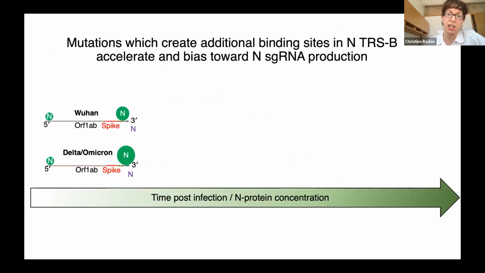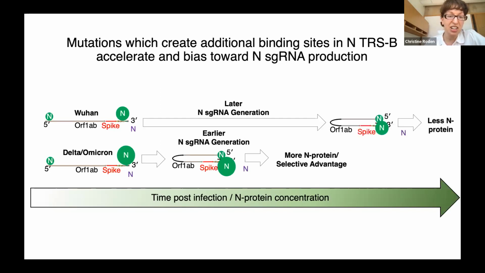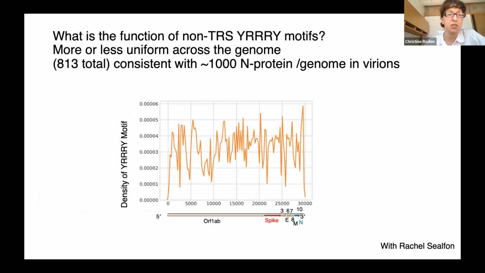So we think that mutations which create additional binding sites in N accelerate and bias towards N sgRNA production, where if we compare the original Wuhan isolate to either Delta or Omicron, they have a higher affinity for N, which should lead to earlier sgRNA generation under limiting N protein conditions, creating more N protein and therefore a selective advantage, than would occur normally in the Wuhan strain.